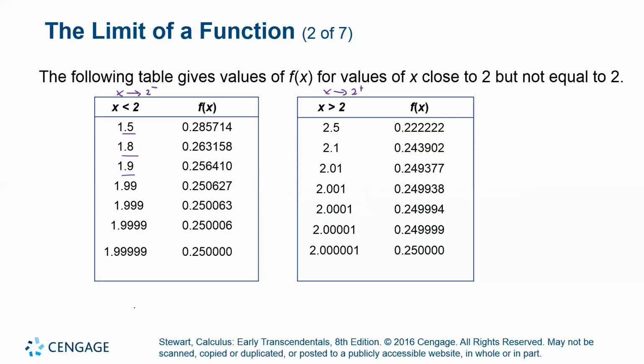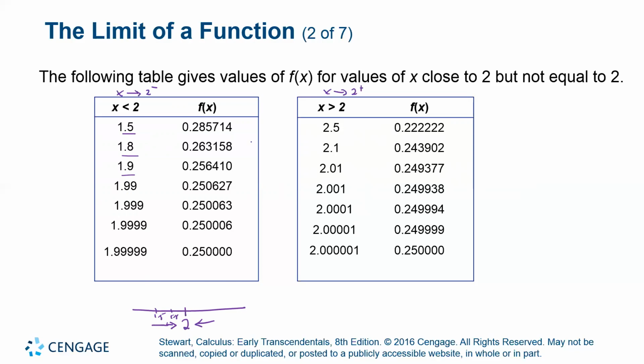So this is like a number line, we have 2 here, and we're approaching 2 from this side and from that side. I pick 1.5, 1.8, and 1.9, getting closer and closer to 2.